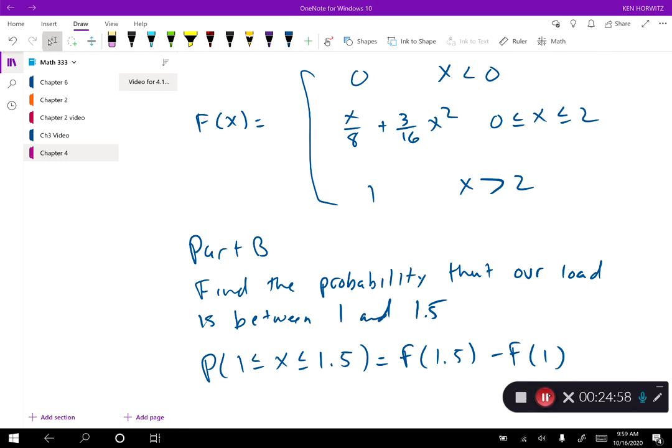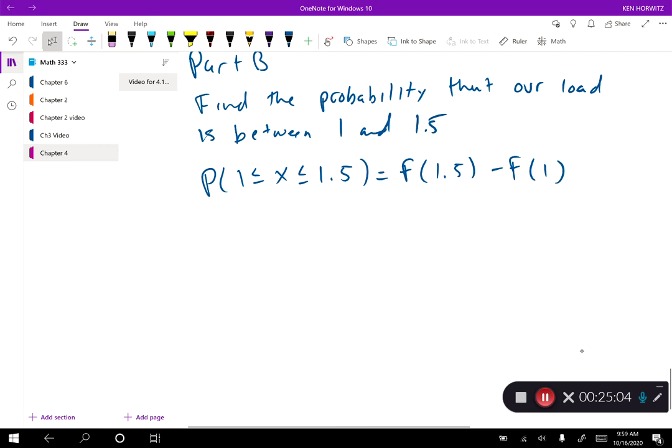All right, hopefully you've done it. And I'm going to scroll up a little bit. As a fraction, I got 19 over 64. And you can round to the thousandths, saying 0.297. So that is your probability that our load is between 1 and 1.5.